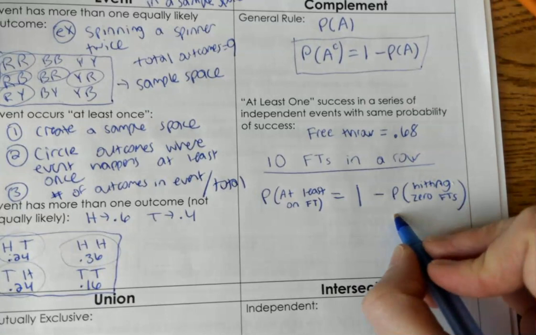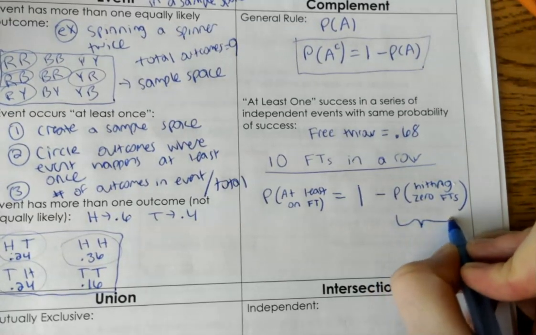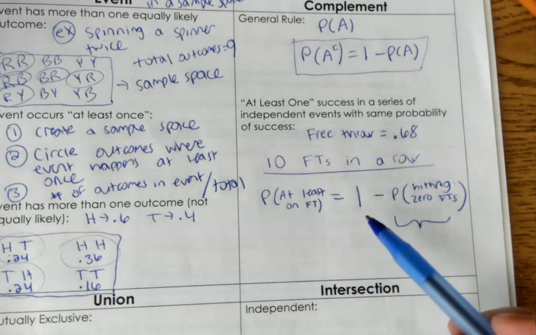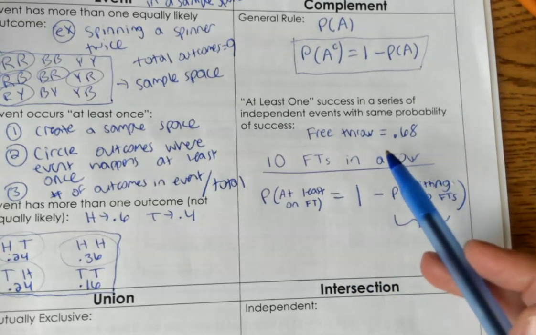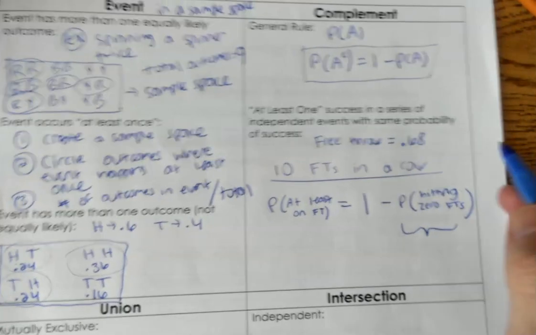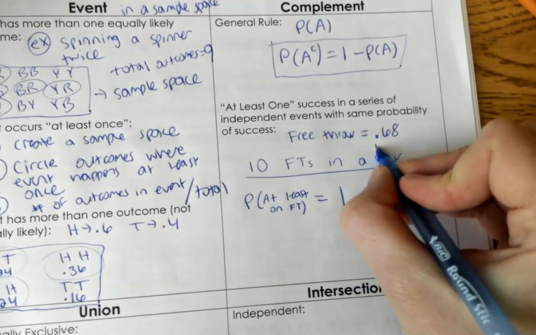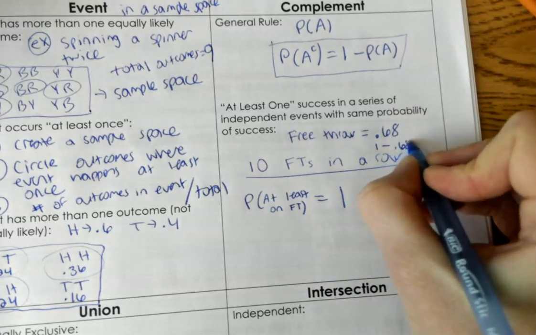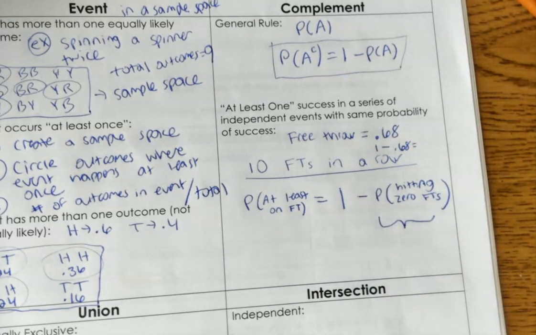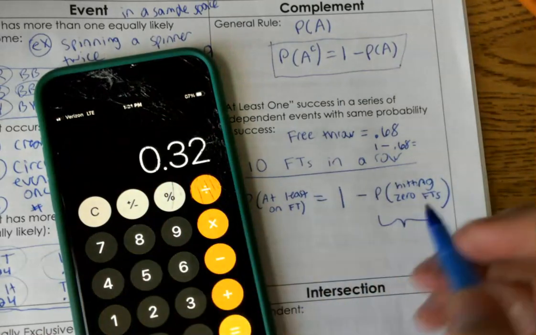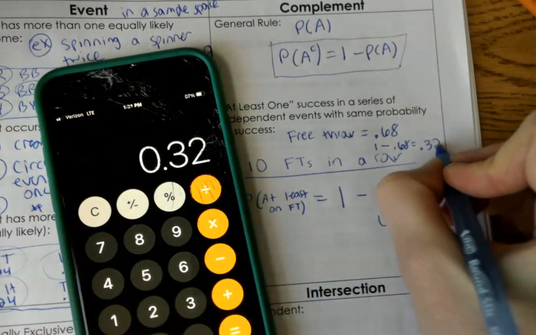So the only tricky part is figuring out how to calculate this, but we also learned how to do that today with our intersection multiplication rule, right? So we would take our complement here, 1 minus 0.68. So if our probability of hitting the free throw is 0.68, our probability of not hitting it is 0.32.